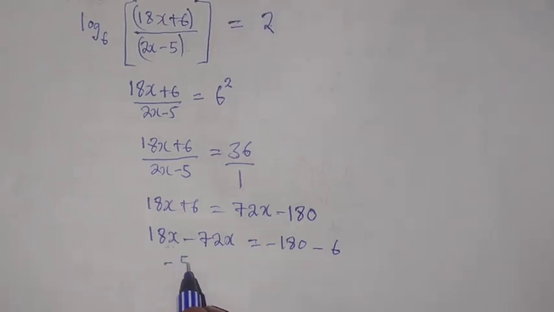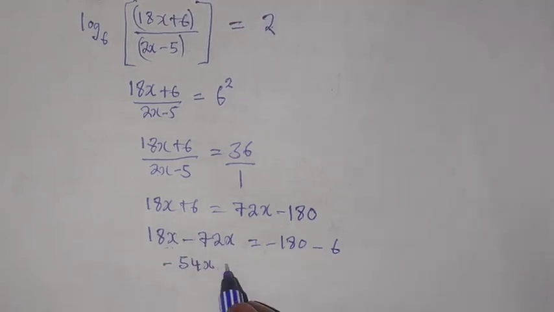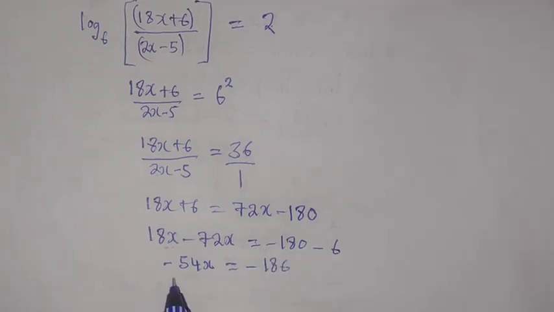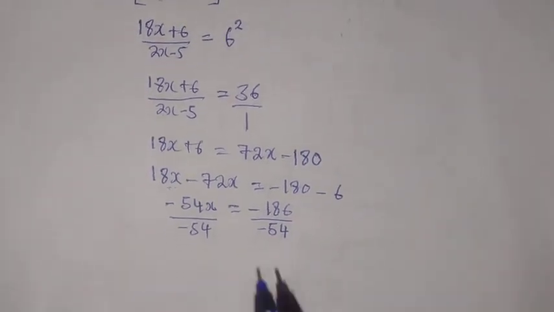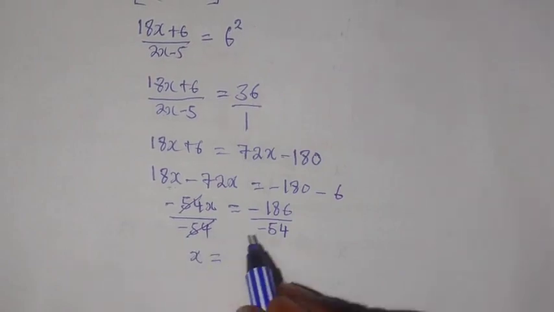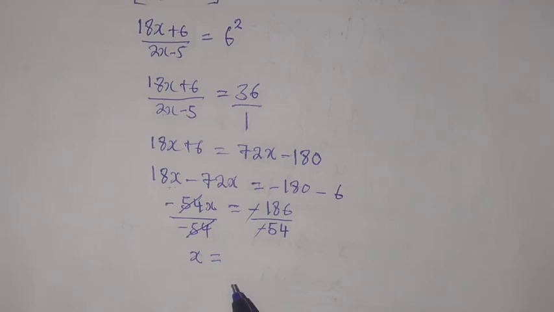This will give us a negative 54x equal to, so negative 180 minus 6, this will give us negative 186. So we are going to divide by negative 54, because we want to find the value of x. You can see this and this will cancel, remaining with x equal to, so this negative and this negative will cancel. Then we have 186 divided by 54.